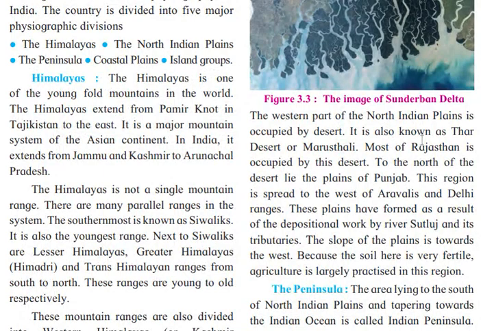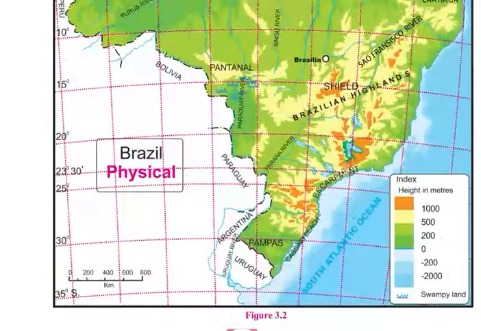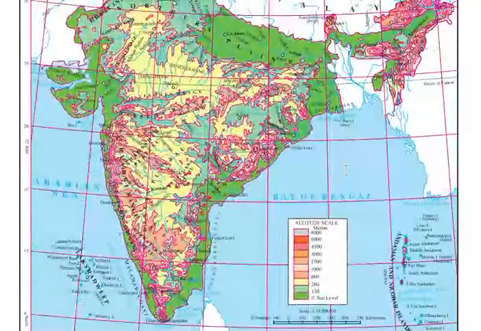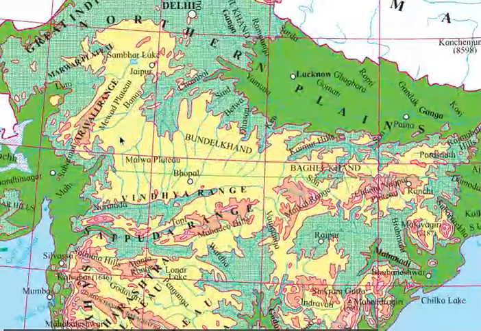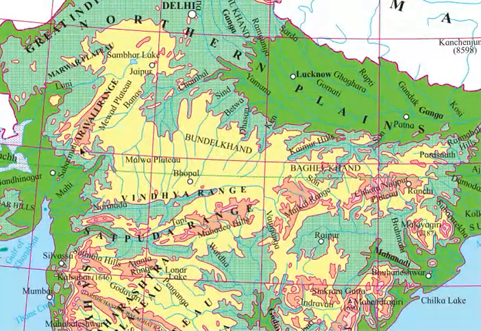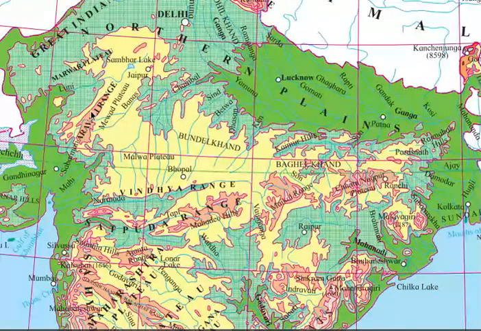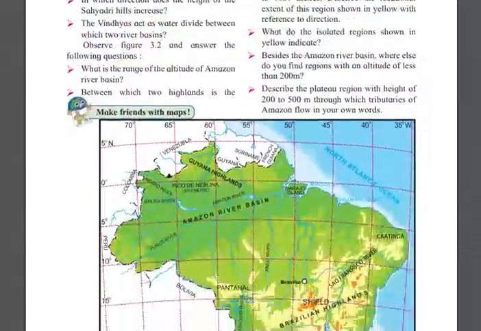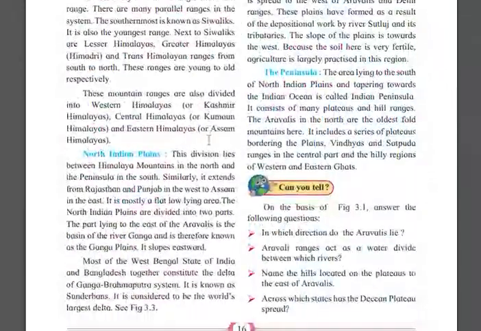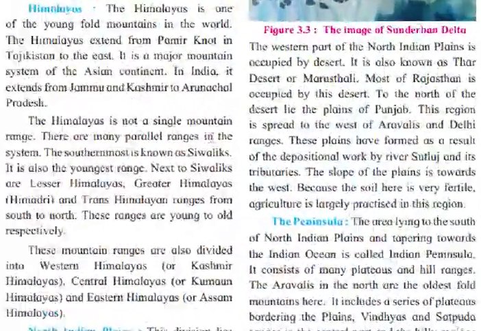The western part of the Indian plains is occupied by a desert, and it is known as the Thar Desert or Marusthali. So the western side of the plains is a desert area. It is also known as Marusthali, the Thar Desert. Clear? Thar Desert.